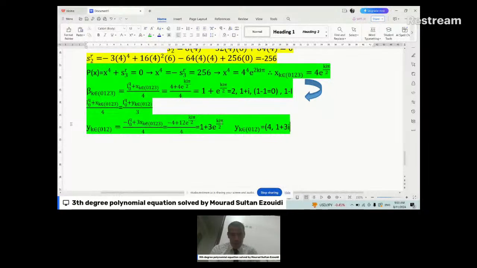The next root, when k equals 0, it will be 4. When k equals 1, it will be 3i, correct. And 3, it will be minus. So the last one is 1 minus 3i. Close the parentheses. These are the roots.